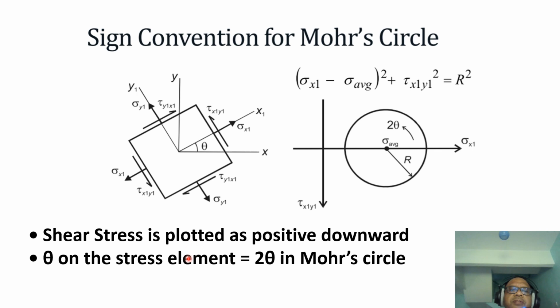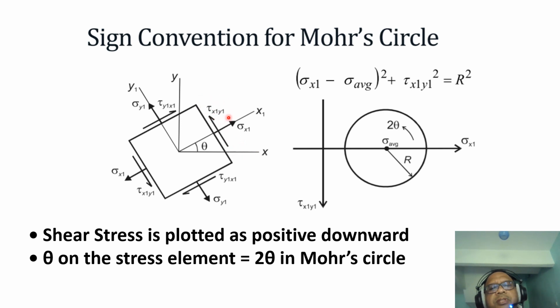So this is the sign convention. If you look at this element here, the positive for the normal stress is tension. So all normal stresses on the tension side are positive, for both x and y. And the shear stress is considered positive counterclockwise on the x surface, in the direction of y.